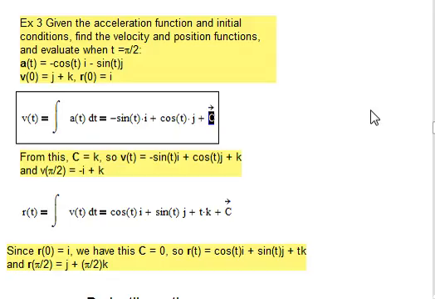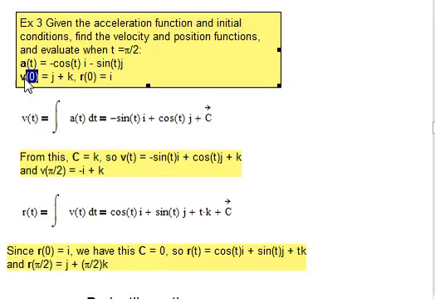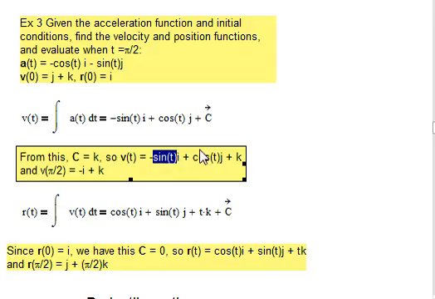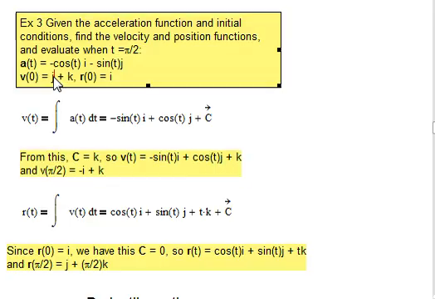But we have an initial condition, and that's that the velocity at time 0 is j plus k. So what does that tell us? Well, if this is the velocity, we put in 0: sine of t is 0, and cosine of t, when t is 0, is 1, and that's just what we have from this.